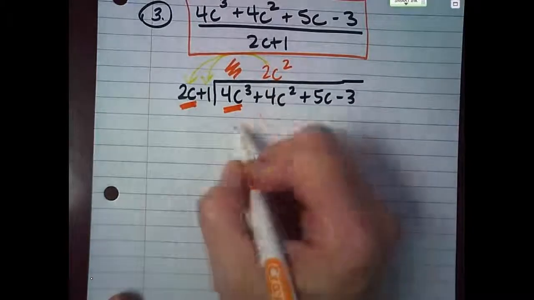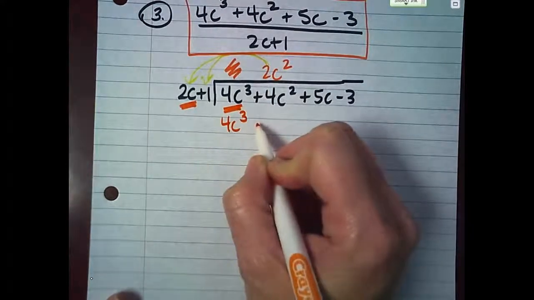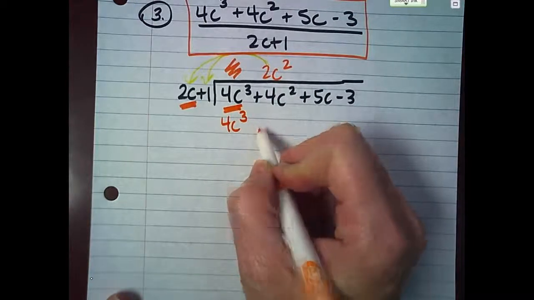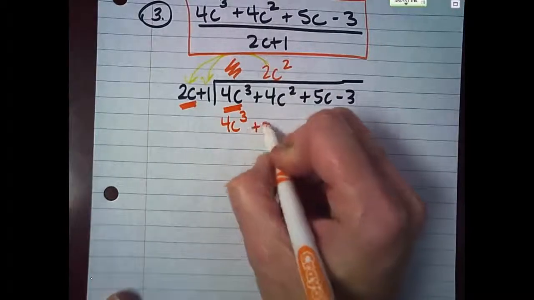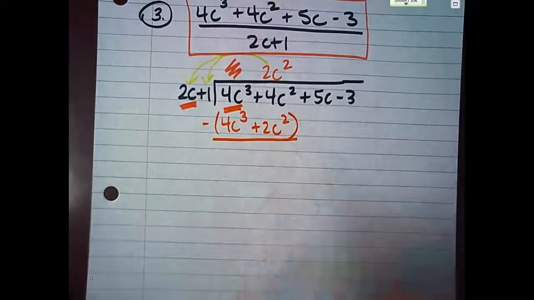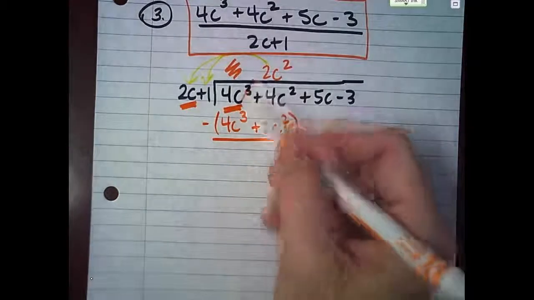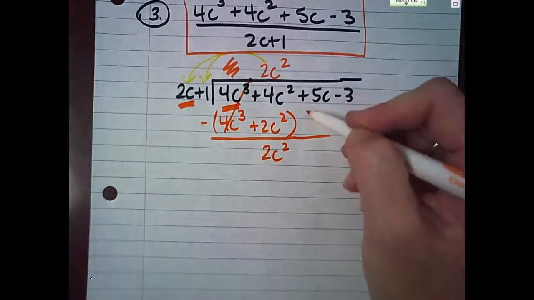It's just going to give me 4c cubed plus 4c squared. Subtract. 4 minus 2 is 2. Bring down your 5c.